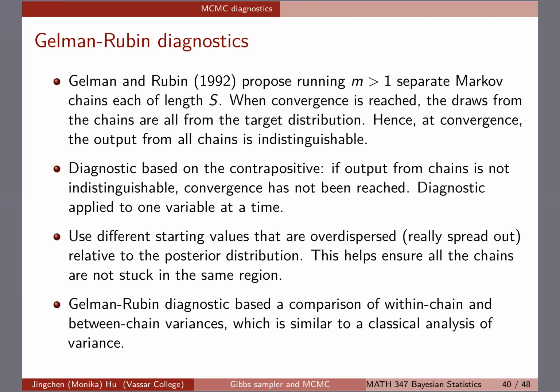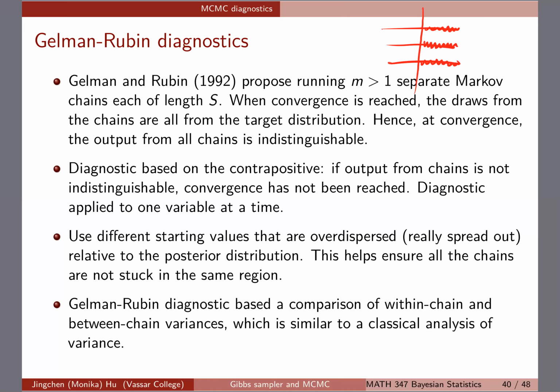So they run multiple chains. I don't know if this illustration will be useful enough. Let's say 3 chains, and maybe I cut off the first 50%. I'm just looking at the within-chain variance and the between-chain variance, and how different they are.